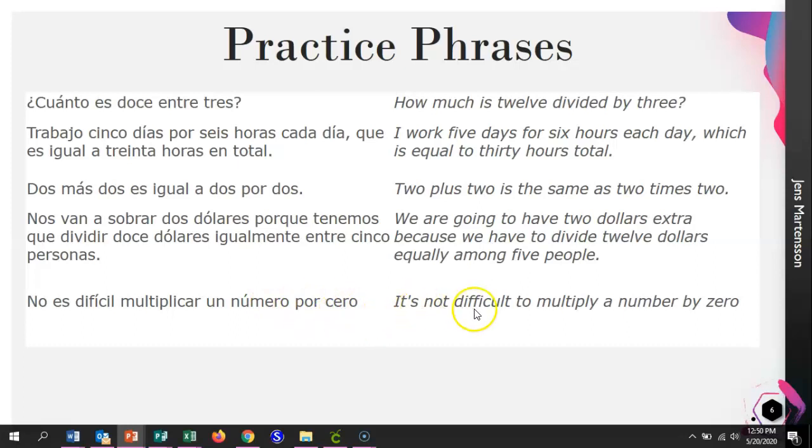So this reads, it's not difficult to multiply a number by 0. Once again, my whole emphasis of showing those practice phrases to you is for you to catch what vocabulary words we have discussed in class and get a general idea of what it is talking about, okay? In this case, you can easily feel overwhelmed. Do not. Find those vocabulary words, nitpick them one by one, and then you'll find your way through it.